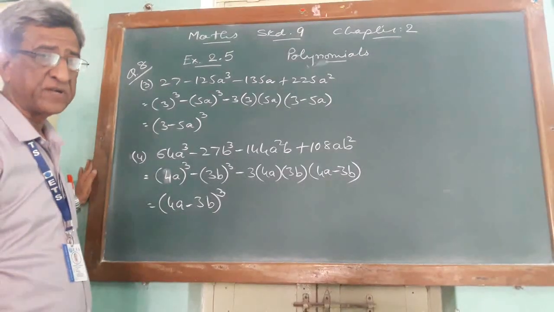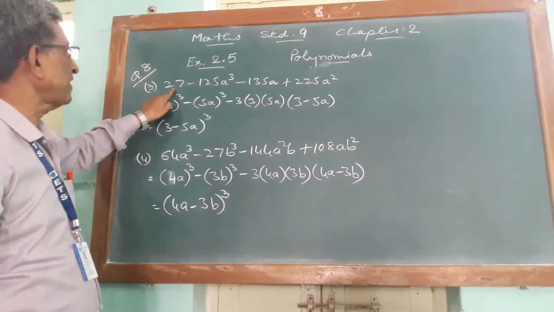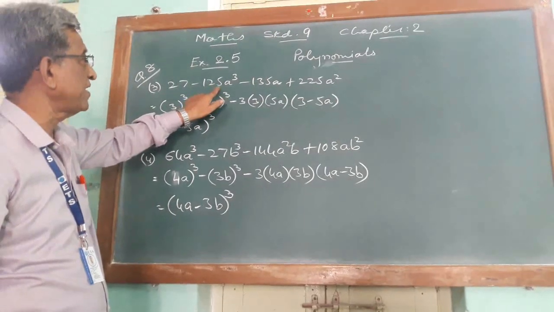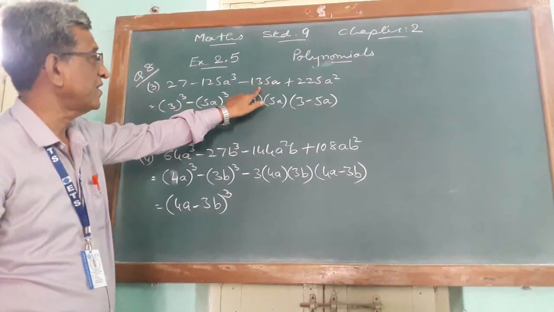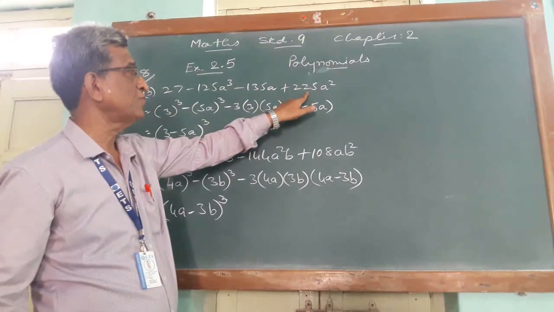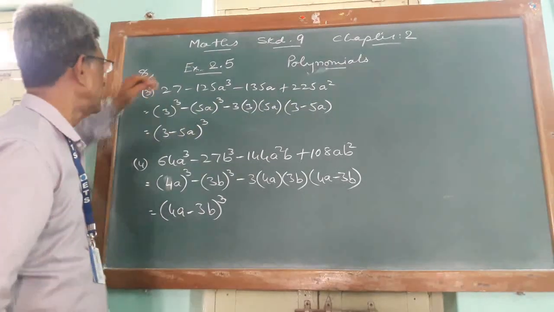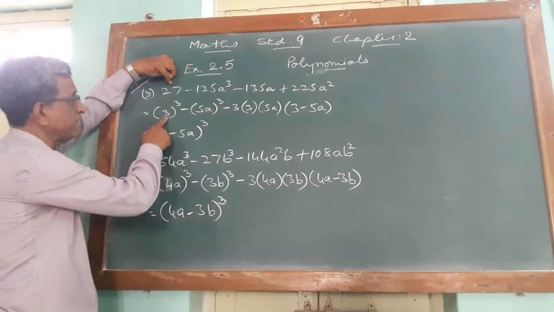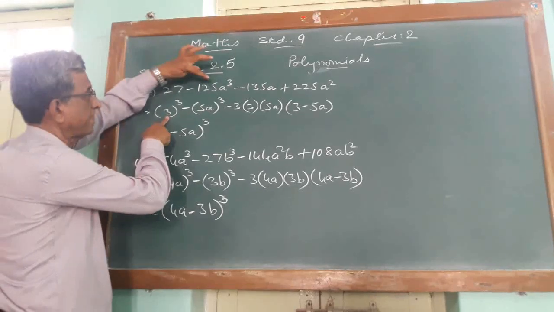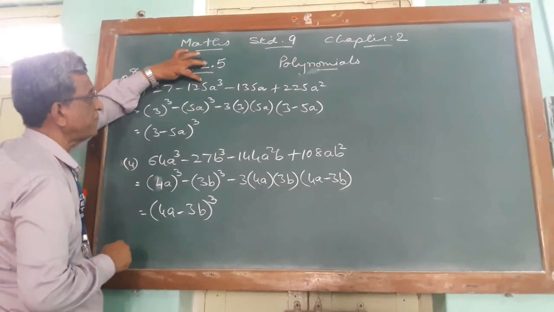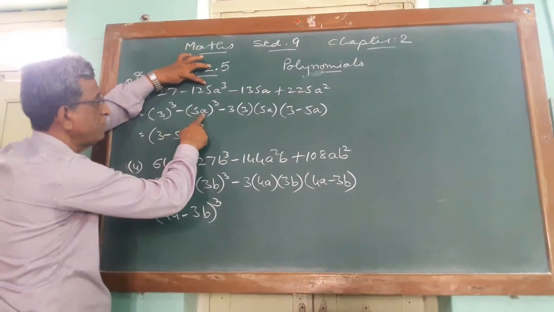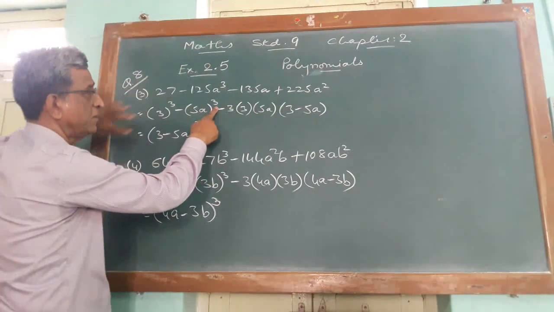Question number 3. 27 minus 125a cube minus 135a plus 225a square. Instead of 27 I have written 3 raised to 3. Instead of 125a cube, that is 5a whole raised to 3.